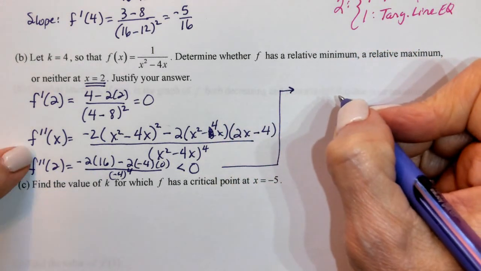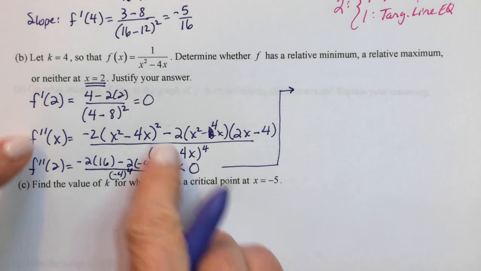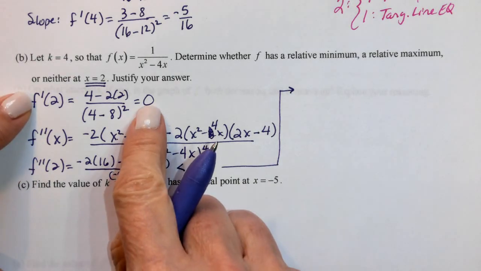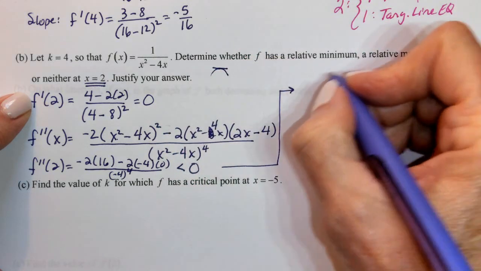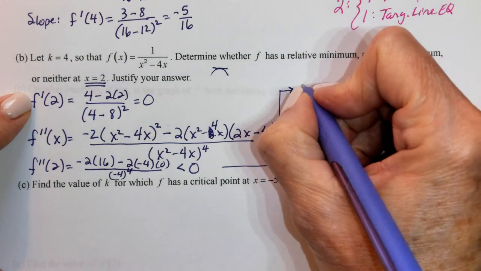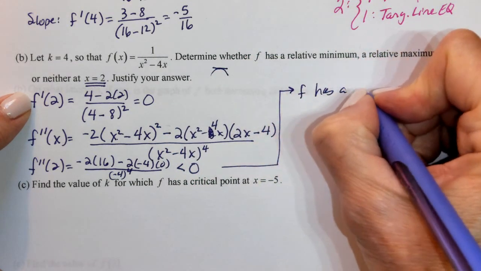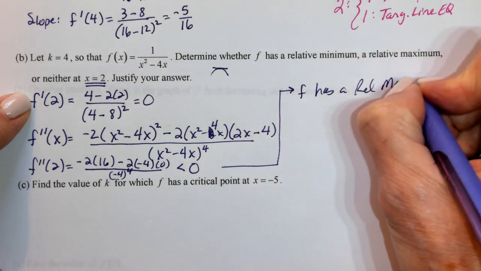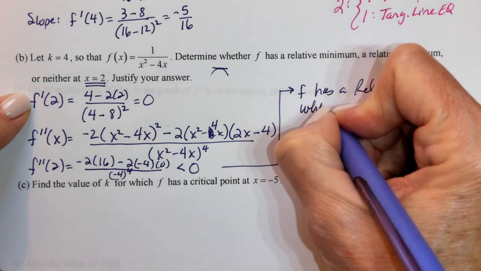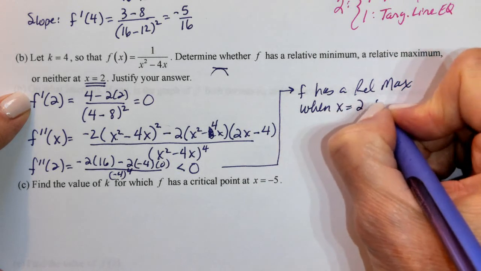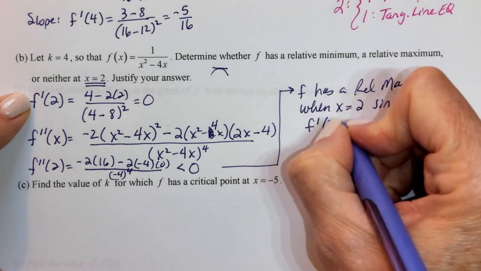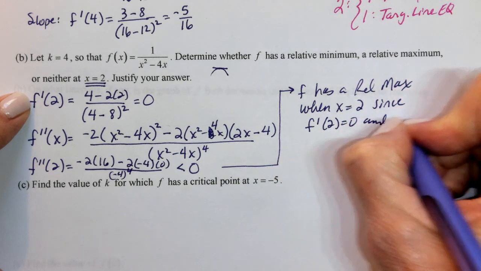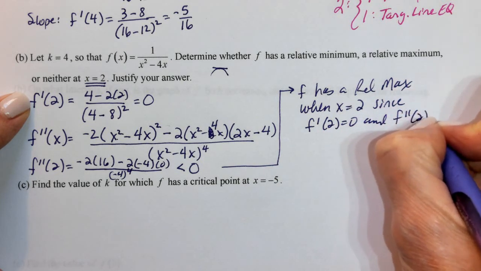So if we're concave down and have a slope of 0, think of that, concave down and a slope of 0. This means that f has a relative max when x equals 2, since f prime of 2 is 0 and f double prime of 2 is negative.